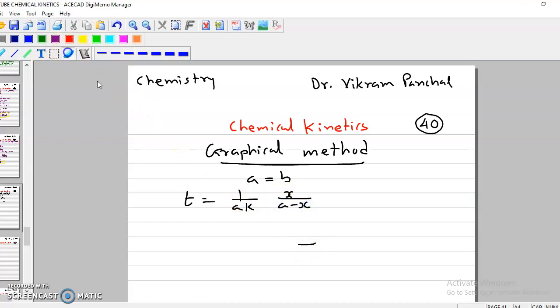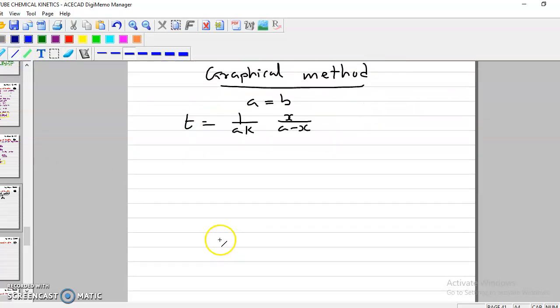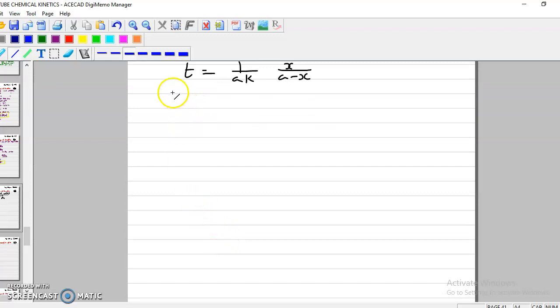So we use this formula. Now let us draw a graph. Here on the y-axis we take x and on the x-axis we take time t.